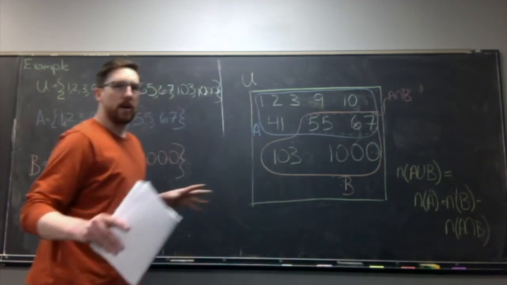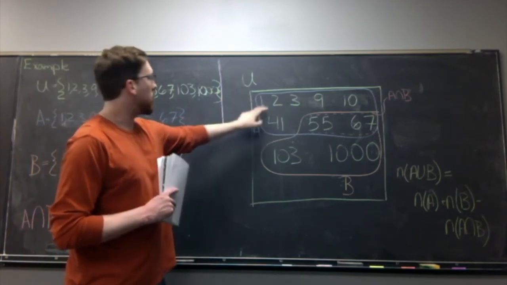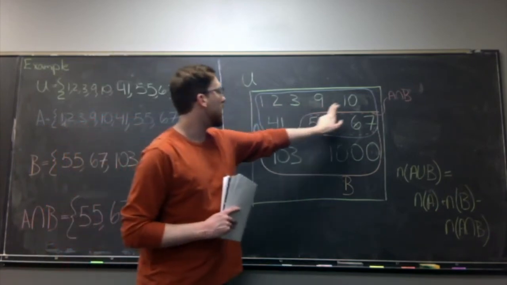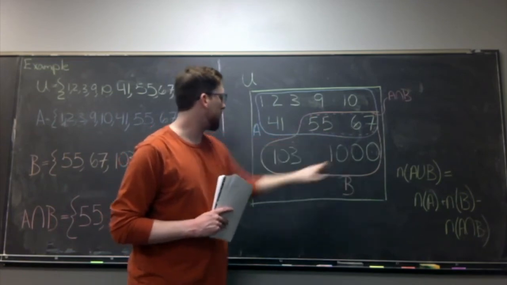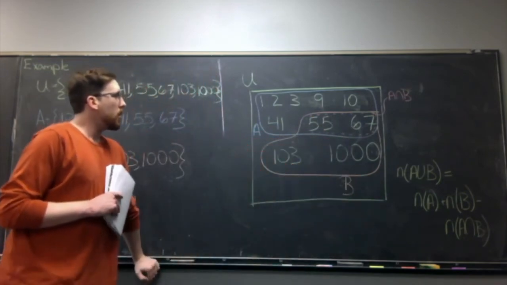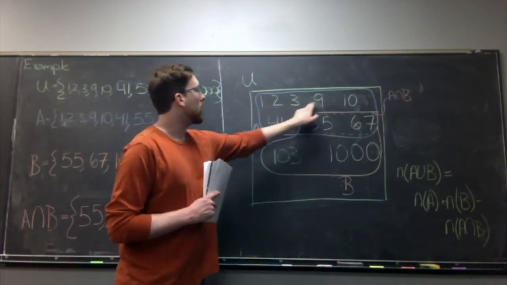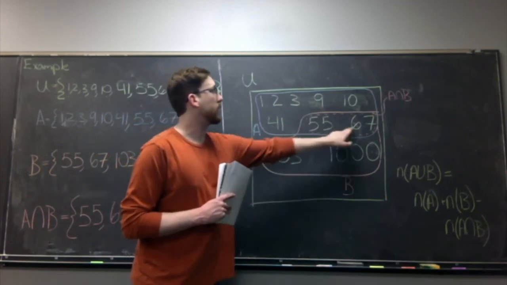Now to draw all this out as a Venn diagram, we've got our universal set, again with elements 1, 2, 3, 9, 10, 41, 55, 67, 103, and 1,000. And we've got our set A with elements 1, 2, 3, 9, 10, 41, 55, 67.